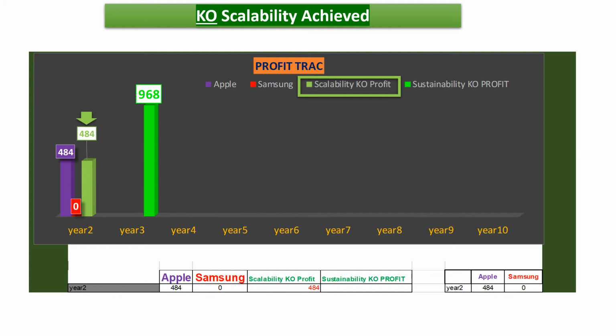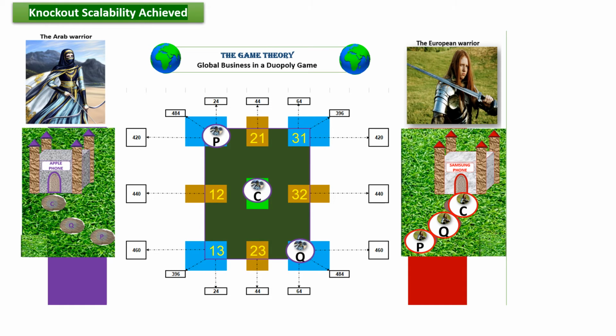484,000. And our graph here shows that Apple has achieved that level of profitability. On our boards, as indicated here, the three pieces connected through a straight line give a win to Apple, but more than the win, they have realized a profit of 484,000.